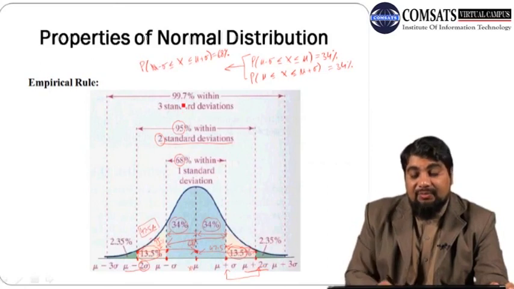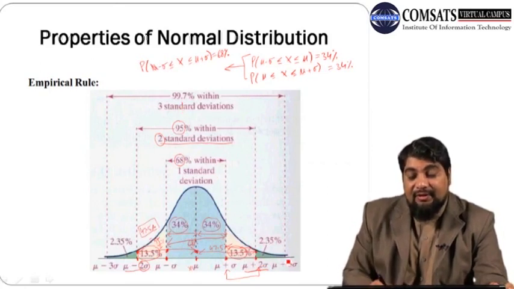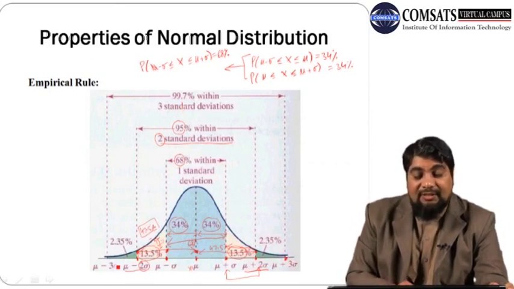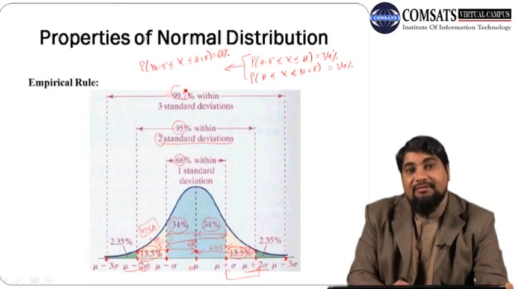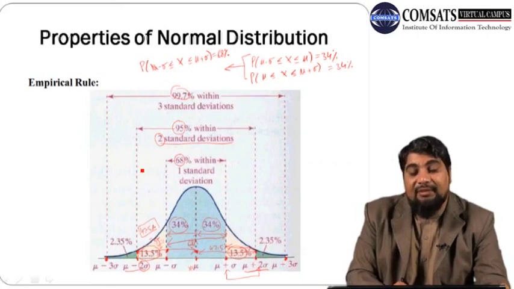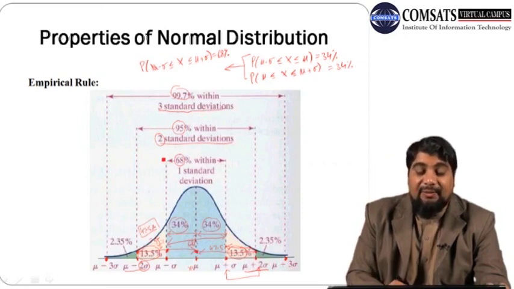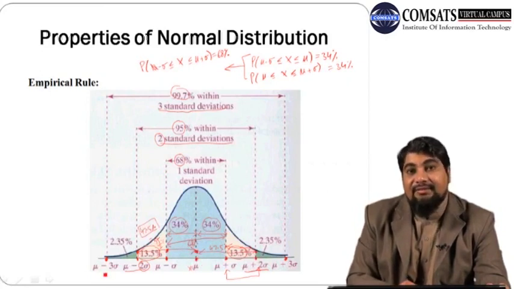Similarly, the probability between mu minus 3 sigma and mu plus 3 sigma, this range covers 99.7% of the area. Or we can say that x lies within 3 standard deviations, or we have moved 3 standard deviations on either side of the mean.